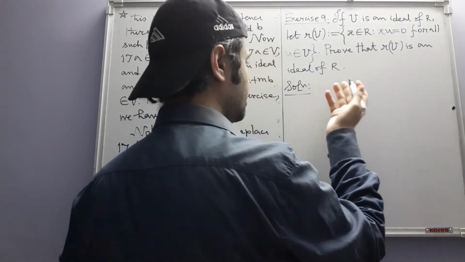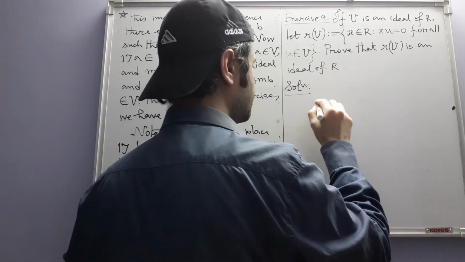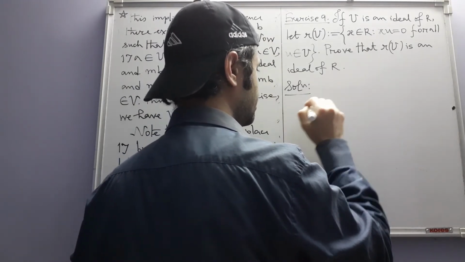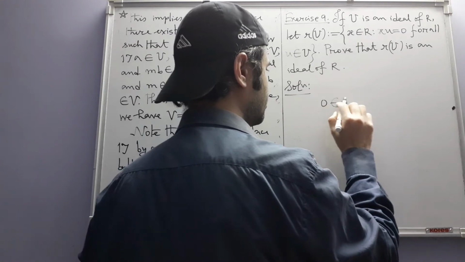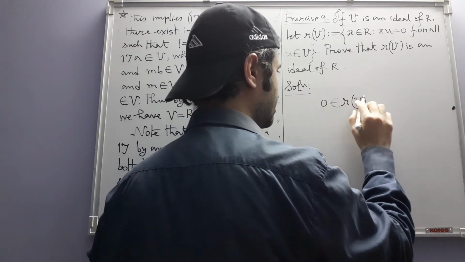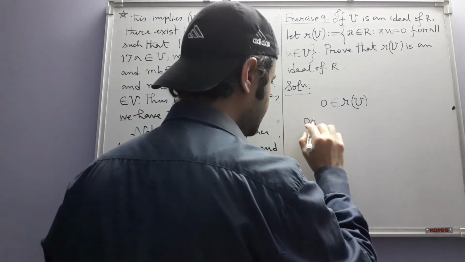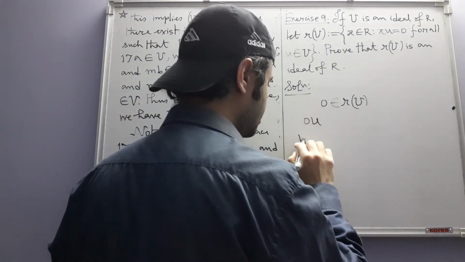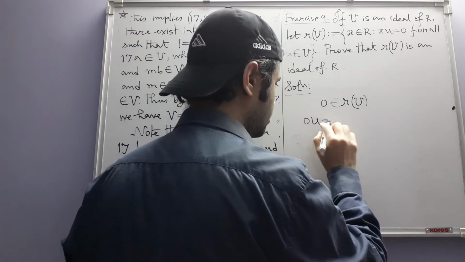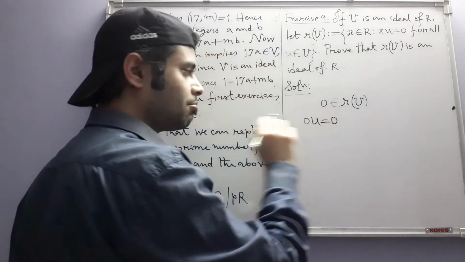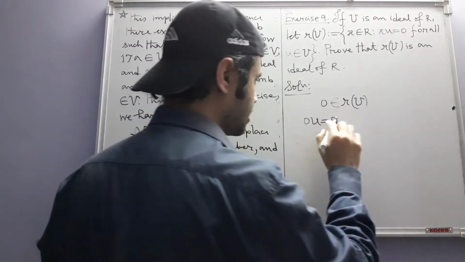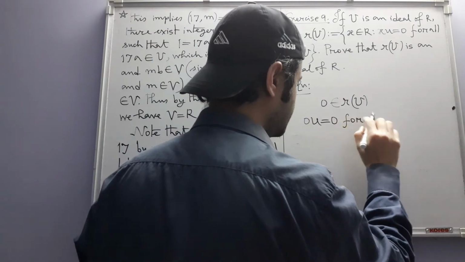So there is an easy element in RU that you can think of, which is nothing but the 0 element. Why? Because if we take any element in U and multiply 0 by that element from the right side, then we get 0.